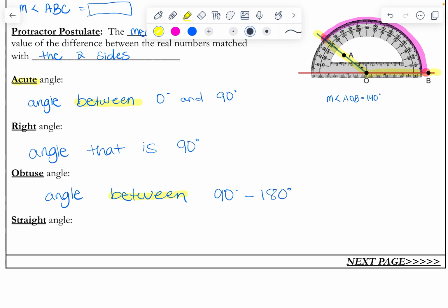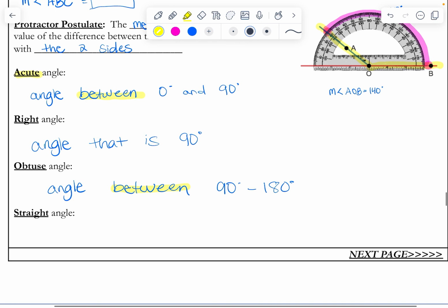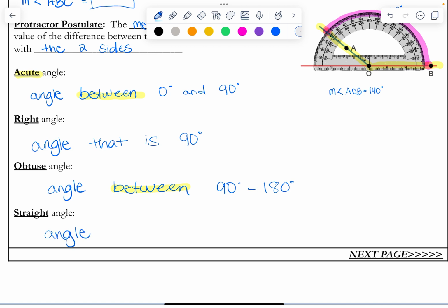And our last one here is a straight angle. A straight angle is an angle that is 180 degrees, okay? And notice the word straight angle in this vocabulary word.